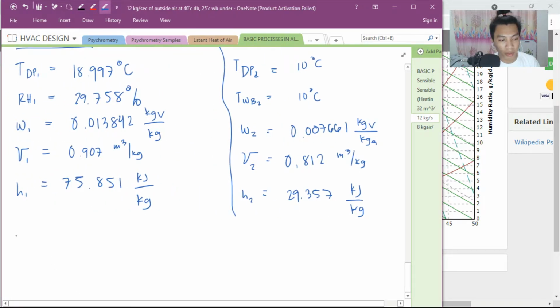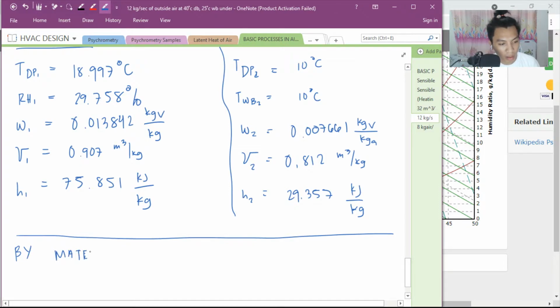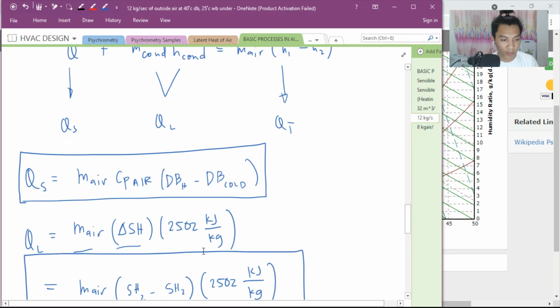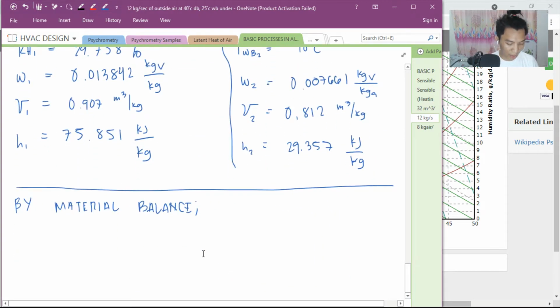Yan. So, by material balance. Now, for material balance, nakuha na natin yan. So, mass of the condensate, hanapin natin.